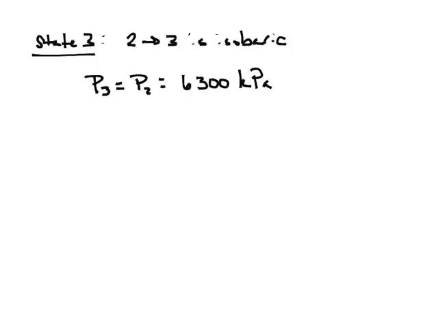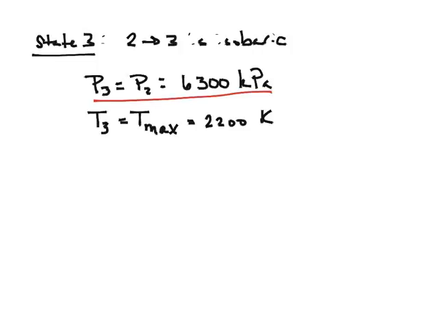We know that because it's isobaric, it's the same pressure. Then we also know T3, because we analyzed that TS diagram, we know that T3 equals T max, which equals 2,200 Kelvin. All right, so we know now P3 and P2. So good. So now we're almost there.